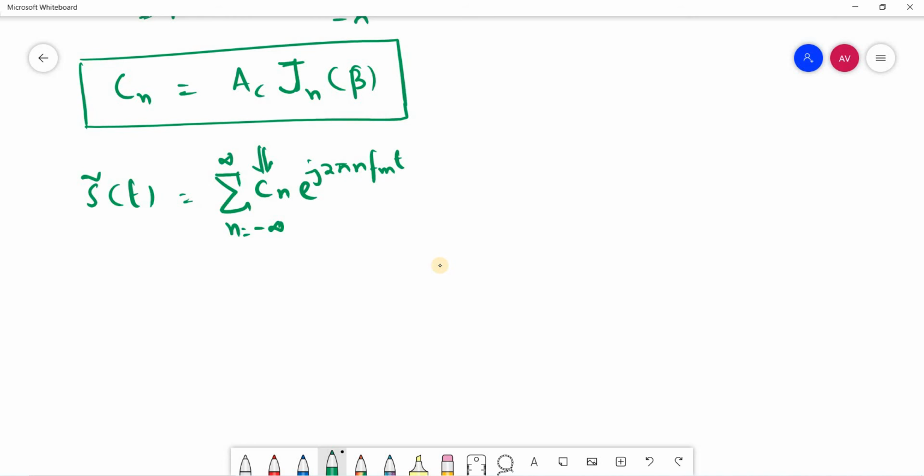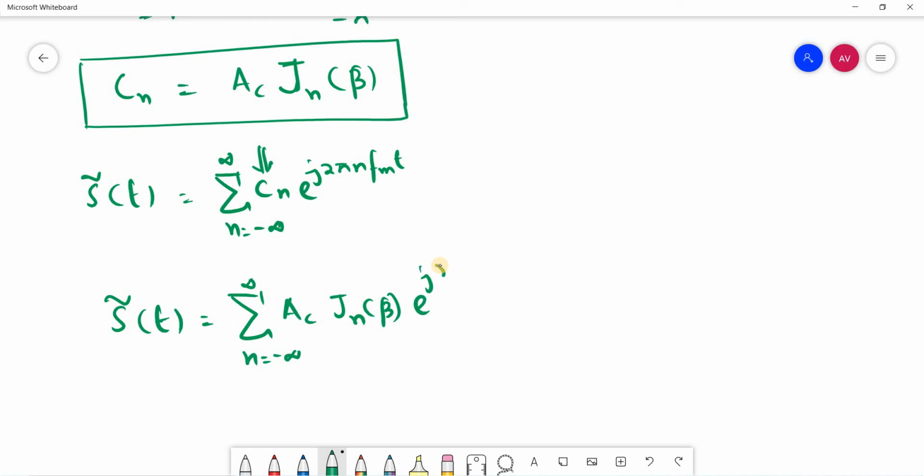So that's what I'm going to do now. So s tilde of t is equal to summation n from minus infinity to infinity, ac times jn of beta times e power j 2 pi n fm t. So this is s tilde of t.